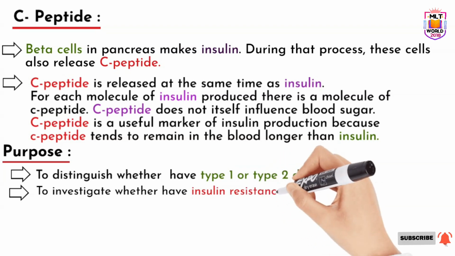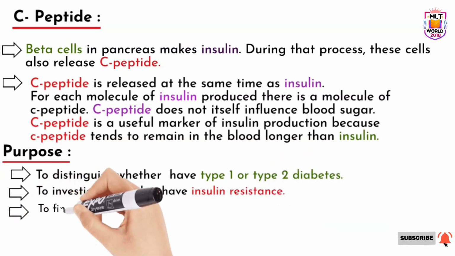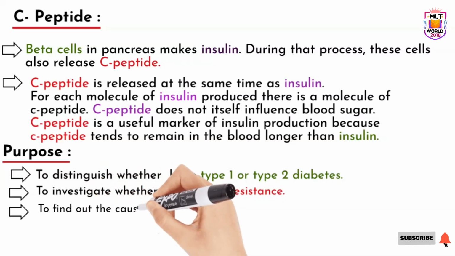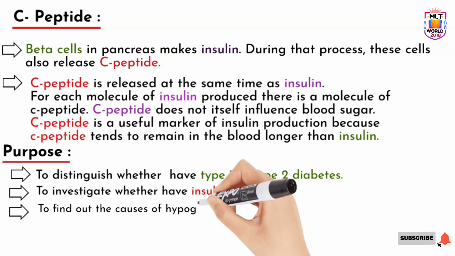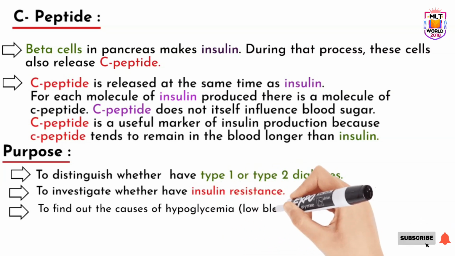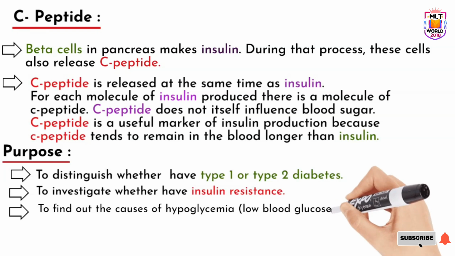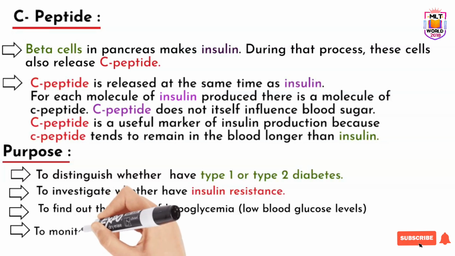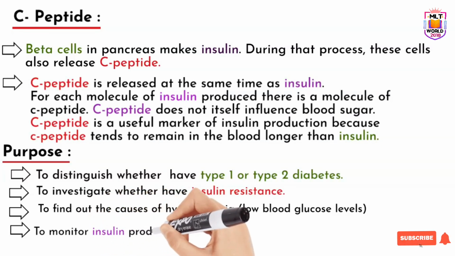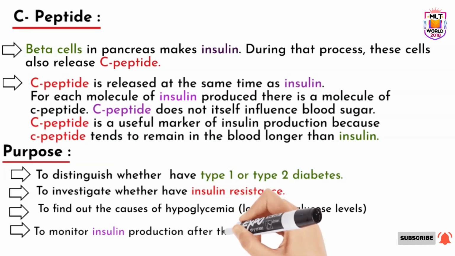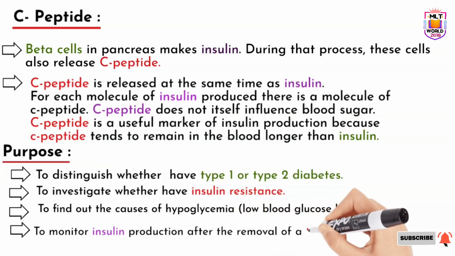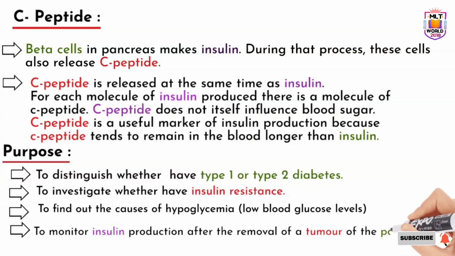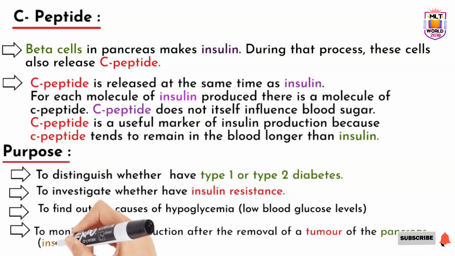For that reason we need to check C peptide test, and also to find out the cause of hypoglycemia, the condition in which blood glucose level decreases. In that condition also the C peptide test is important to check, and also to monitor insulin production after the removal of a tumor of the pancreas, that we call insulinoma.